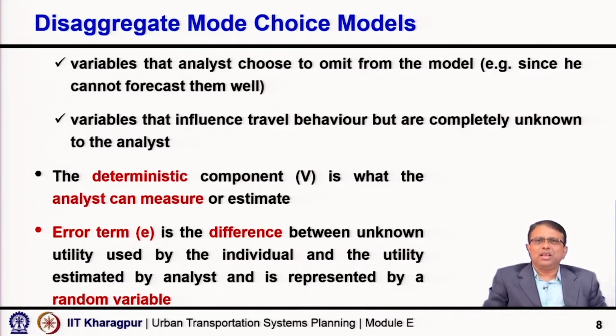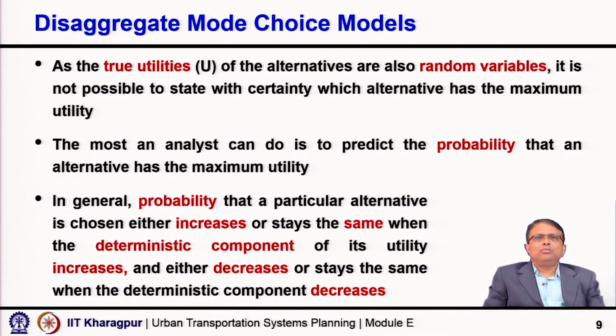That is what we are saying: the error term is a random variable. Now, as the true utility of the alternatives is also a random variable, it is not possible to state with certainty which alternative has the maximum utility.